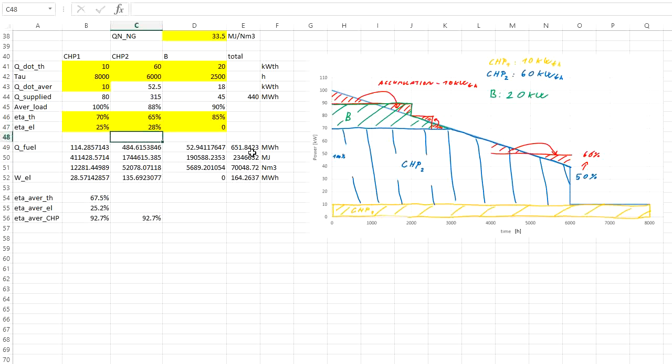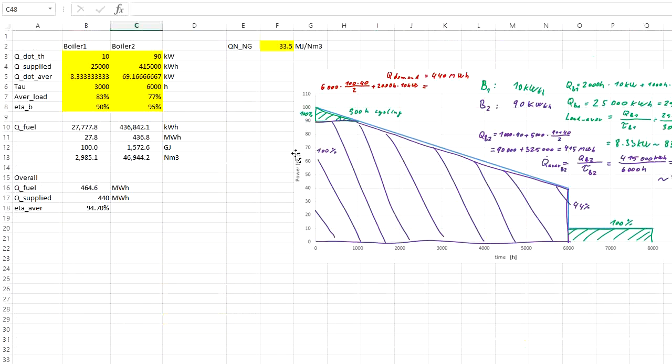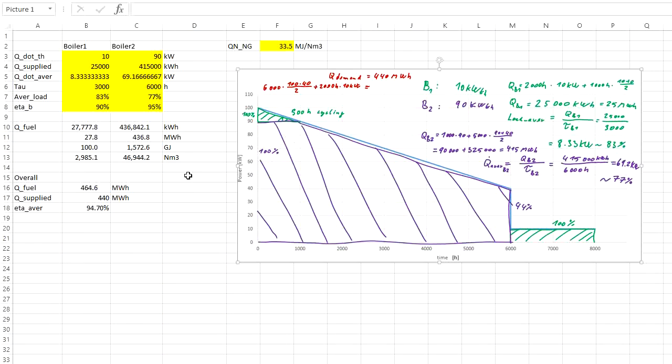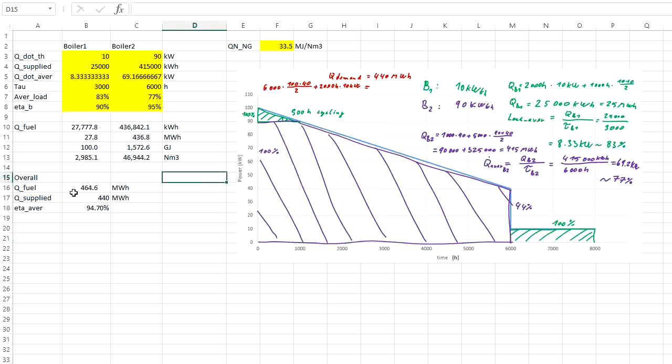And let's compare the application of the CHP system and accumulation compared to just the natural gas boilers. So here we had in a year consumed only 465 megawatt hours of heat in the fuel, and we provided the heat that we required.